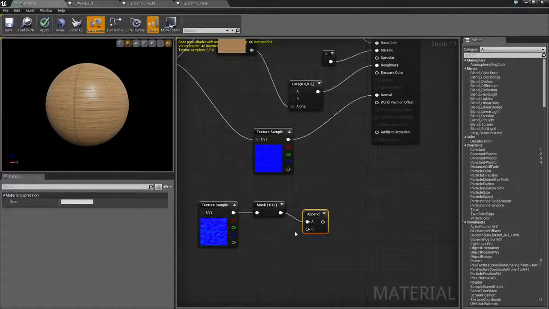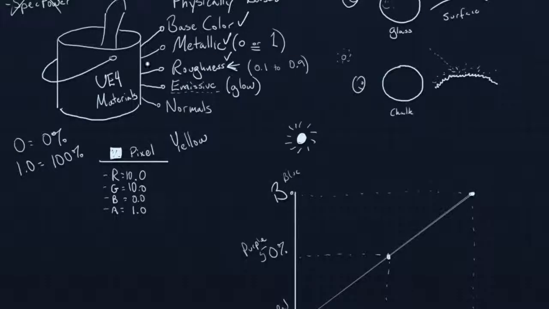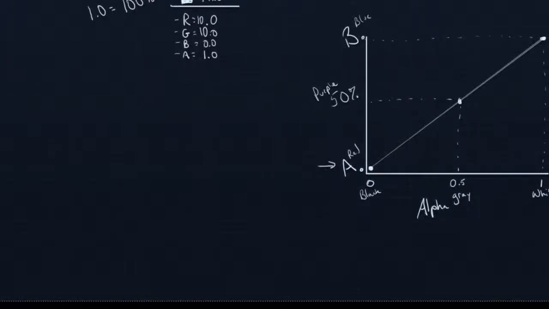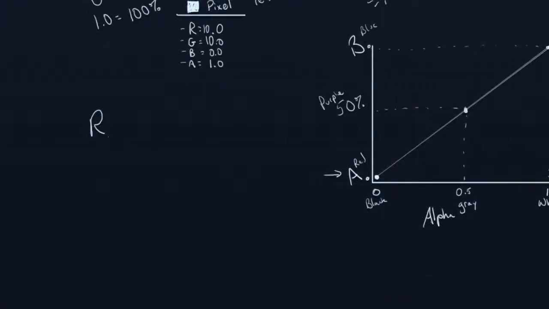So just to jump over to my chalkboard and drive this home for anybody who may be confused right now, once we masked out red and green, we had a value for red, which could be some number. So we'll just say that's 0.5 as a random example. It doesn't really matter what the value is. And this one could be 0.7. But for blue, we had nothing. There was no blue.